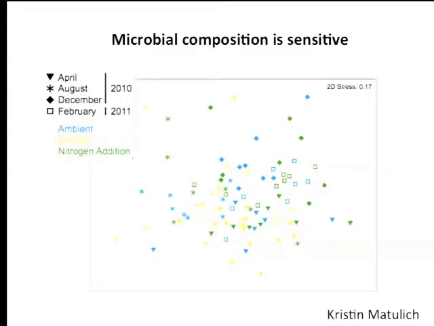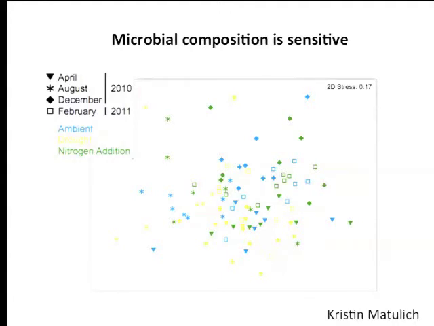So I'm going to skip over some of the methods and go right into what is going on with these communities in these plots. And my student, Kristen Matalik, led up this part of the analysis, where she was just taking litter samples from the plots and characterizing the composition, both of the bacteria and the fungi, on leaf litter.